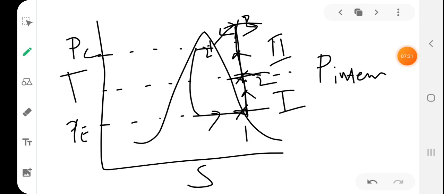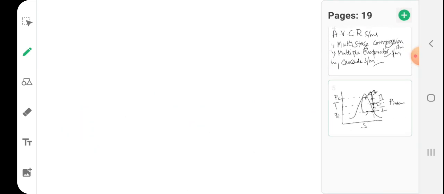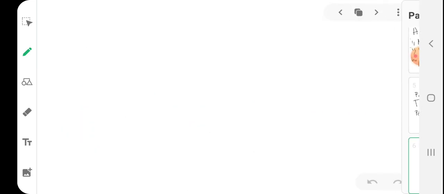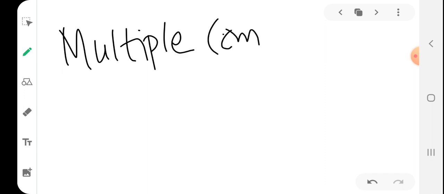There may be confusions now about why this type of advanced compression system is used, but I hope you can clarify all those doubts as we proceed with the details of these systems. We will deal with the multi-stage compression system, the multiple compressor system, initially.